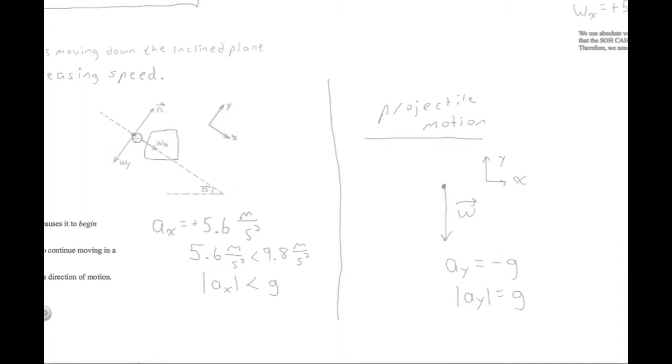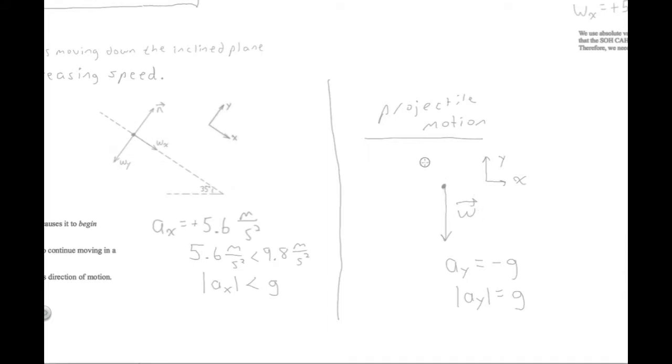Remember that in our problem, the y component of the weight is being canceled out by the normal force, and that leaves only the x component to cause the acceleration. Since this acceleration is being caused by only a component of the weight force, it comes out to be less in magnitude than little g. Little g is the magnitude of the acceleration that you would get for a projectile motion problem where the acceleration was being caused by the full weight force.